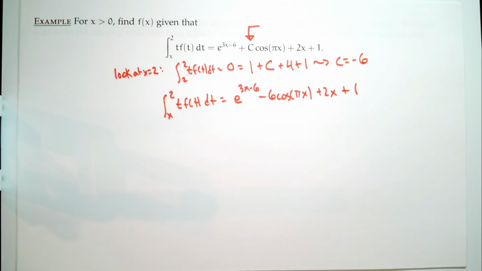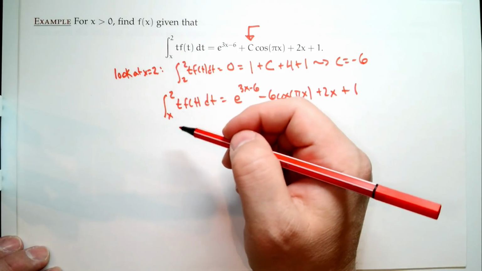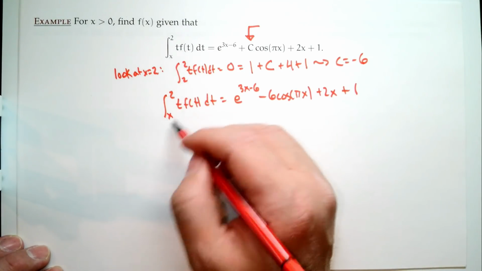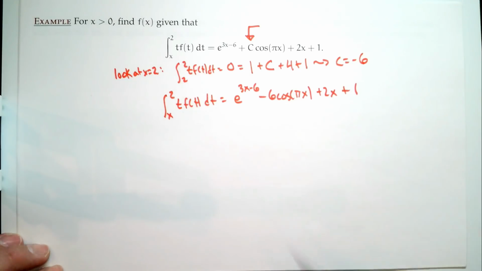Now, we want to somehow get to just f. How can we do it? Well, this reminds us of saying, okay, I want to get rid of this integral, because the f is currently inside the integral.